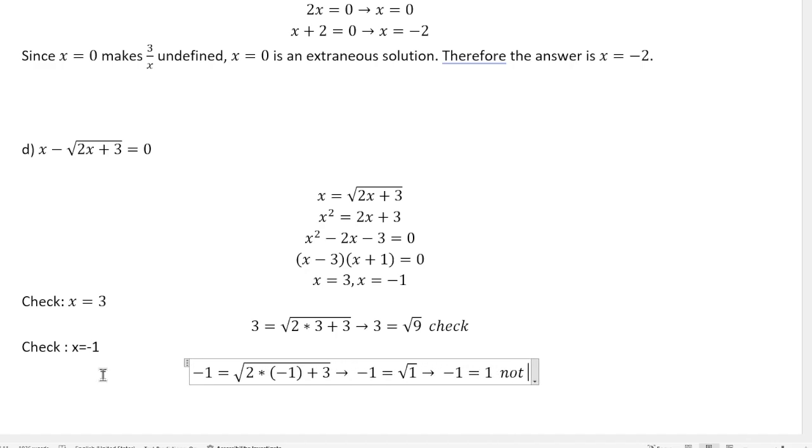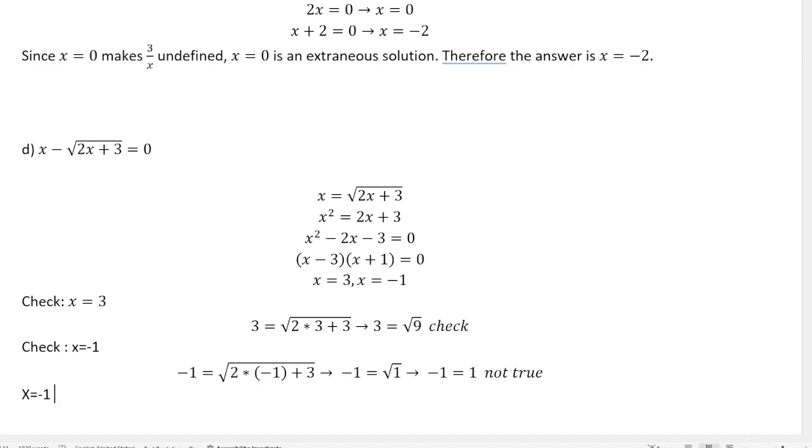So that means x equals negative 1 is an extraneous solution, and x equals 3 is the answer.